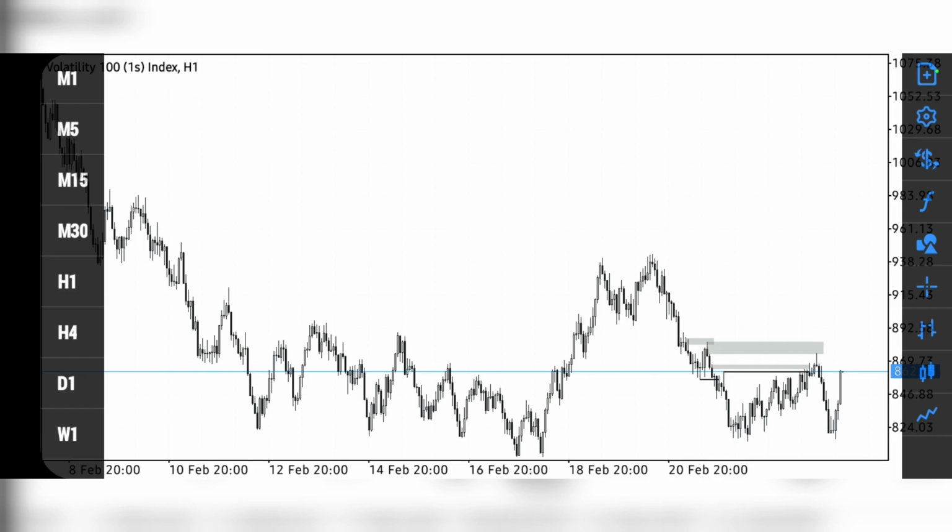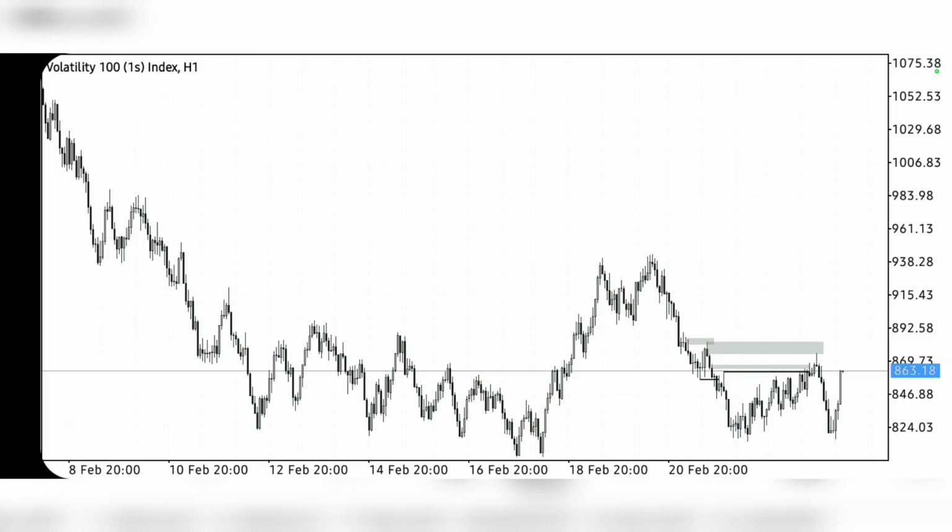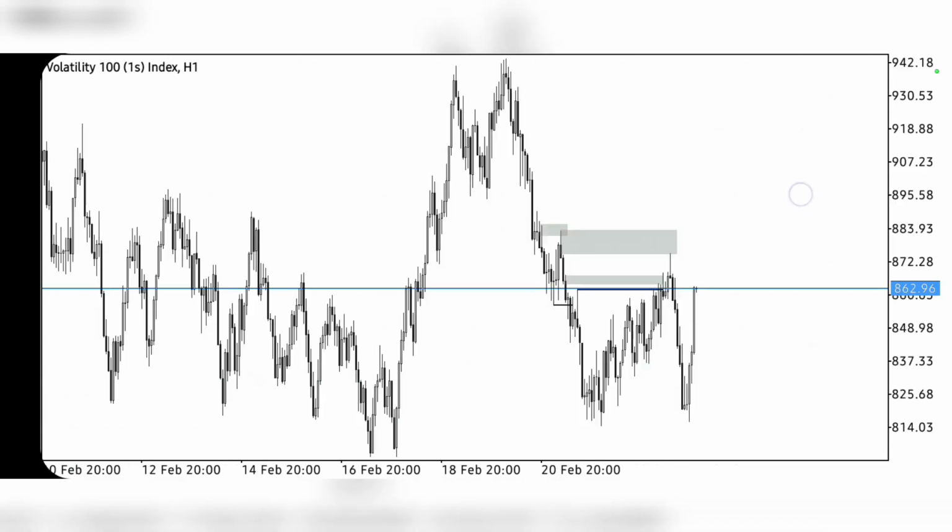But I already knew the order flow of this market, so I just jumped to the H1 time frame, because this is the instrument I most trade. I love this instrument a lot because it follows structure, and then it follows my strategy. So I trade this instrument the most.